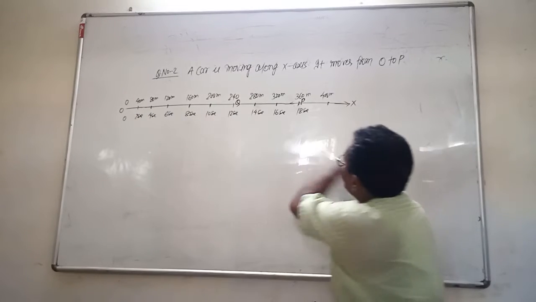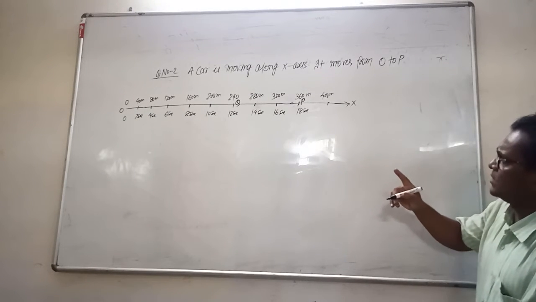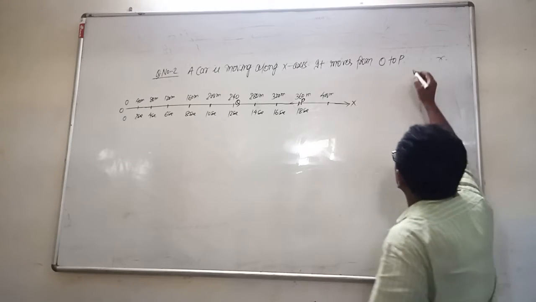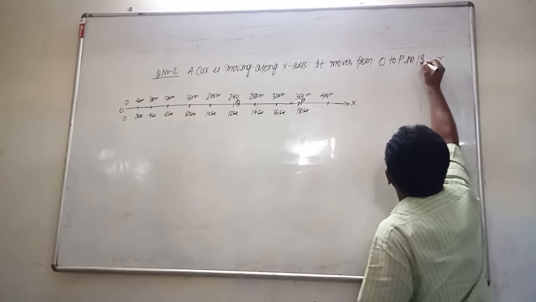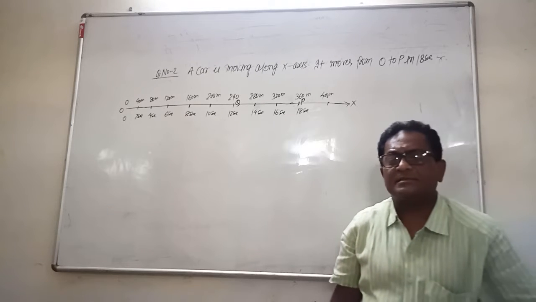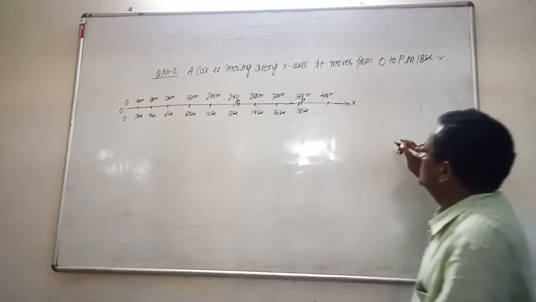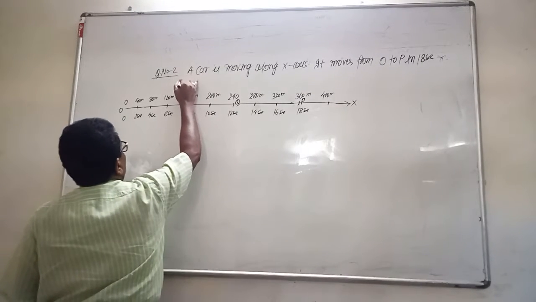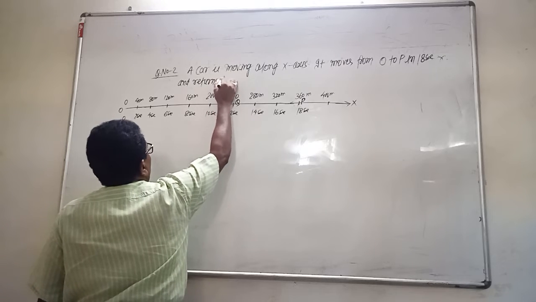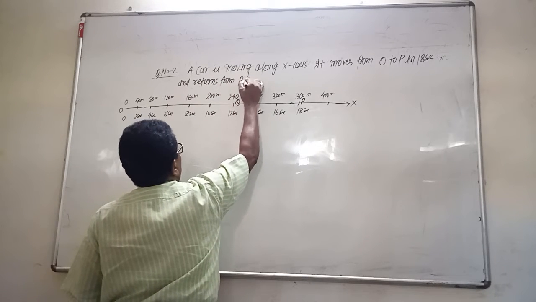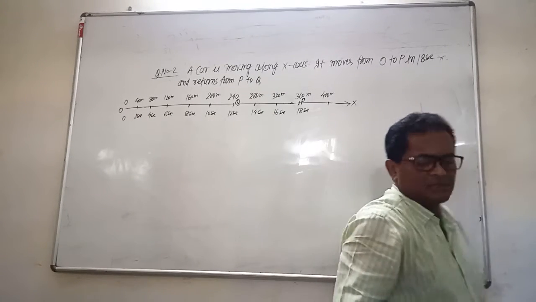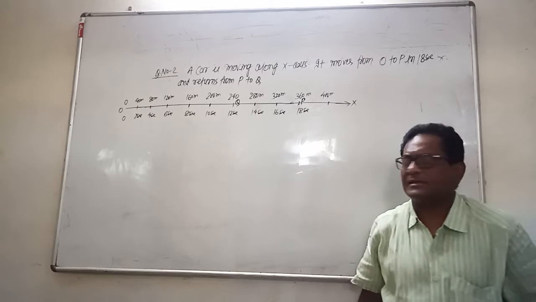So a car is moving along x-axis. It moves from O to P. It goes from O to P in 18 seconds, and returns from P to Q, and it takes 6 seconds.